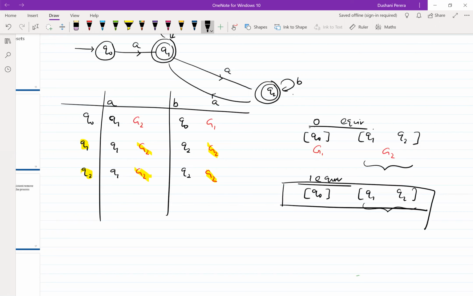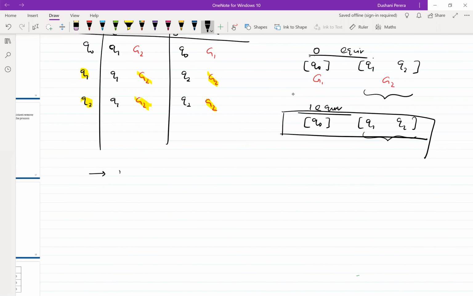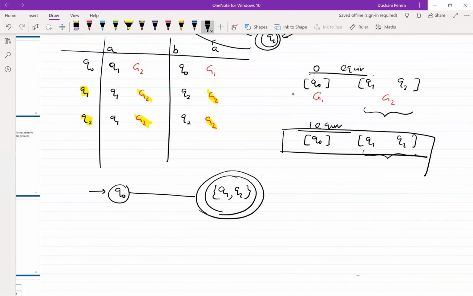Therefore, by looking at that, let's draw the minimal DFA. This is my initial state. Then this is the other state that I have, which is the final state. How do I go from Q0 to that? Q0 goes to Q1 upon getting an A, and upon getting a B, it stays there itself.